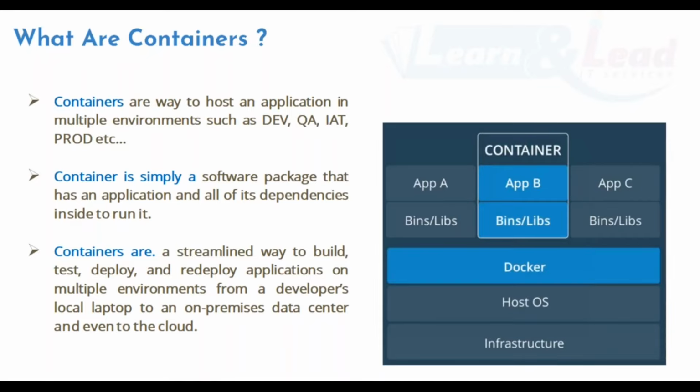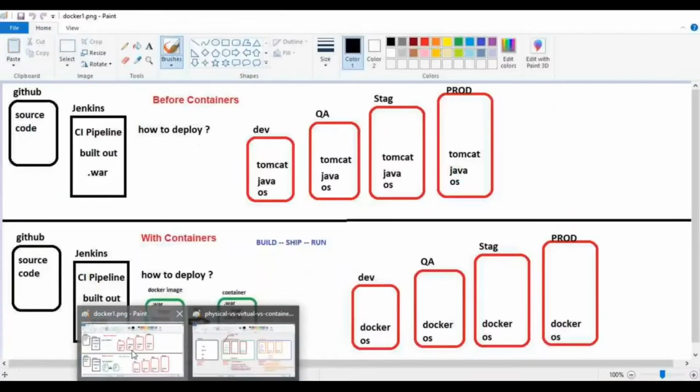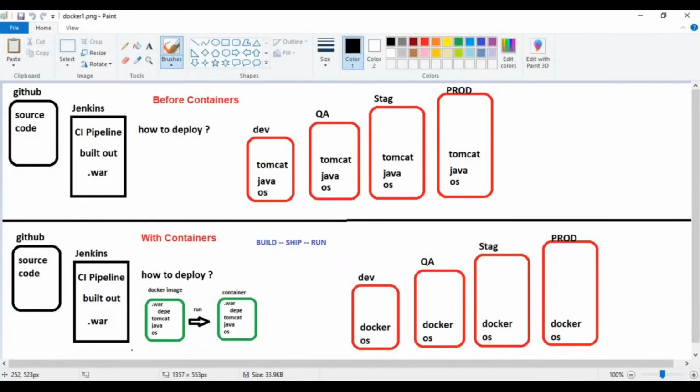Containers are the buzzword in the market right now. So let's understand why containers have become a buzzword, why exactly they are there. Let's try to compare how we used to host the application earlier and then why we are shifting towards these containers. We know that the developers will be developing the source code, which would normally be available in a source code management tool.